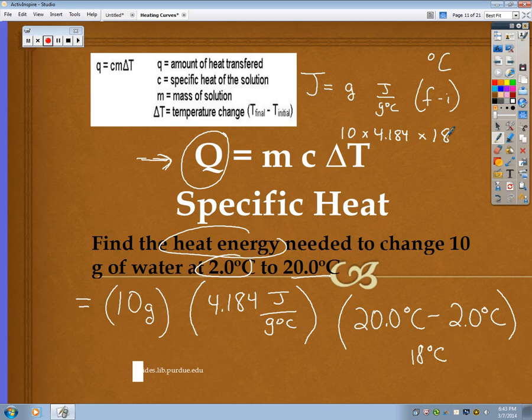And I get 753.12. And I label that joules because that's the heat energy. Okay, look at that for a second so you know, because that is your equation.